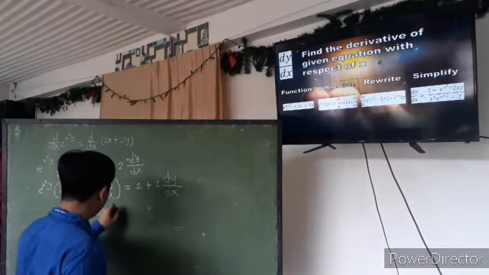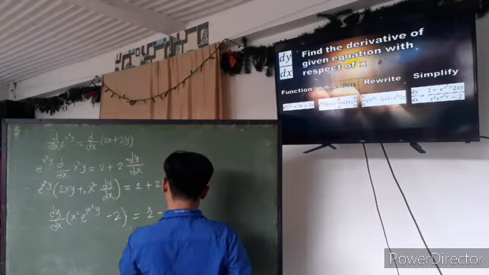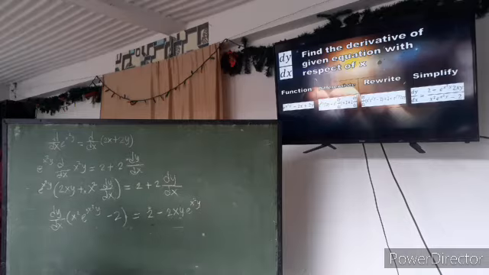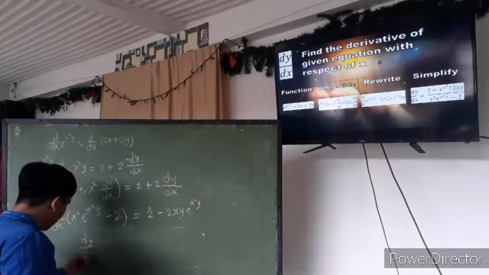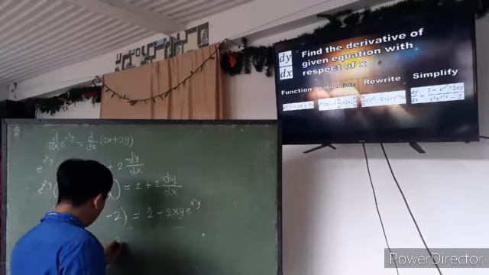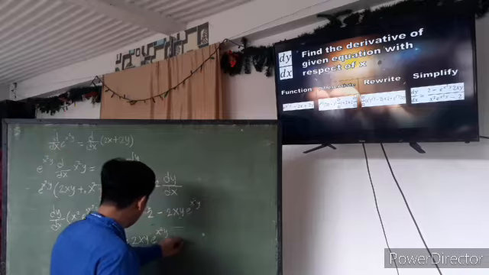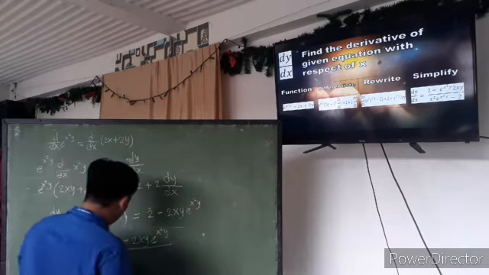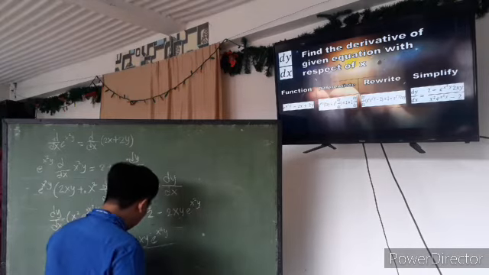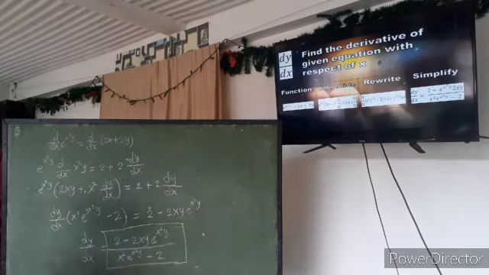Then this is 2 of x of 1, x squared is y. Then divide this to move it over here. The answer is proven.